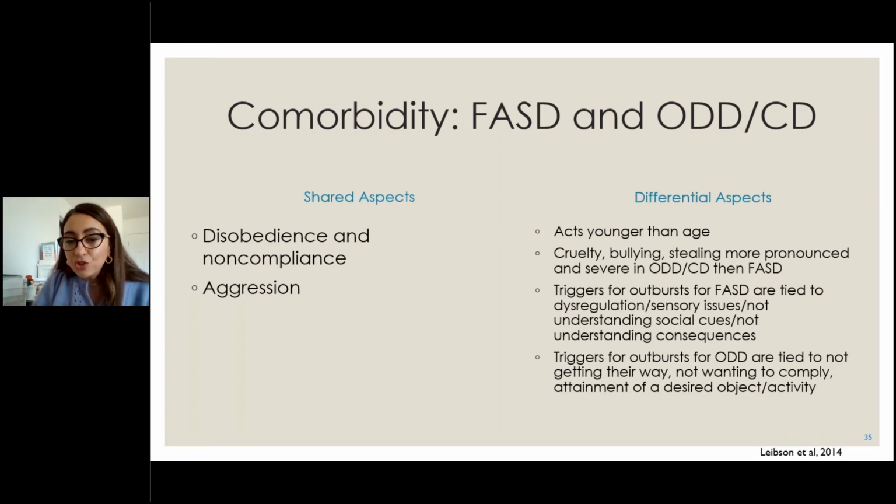On the other hand, the triggers for the outburst for ODD are tied to not getting their way, not wanting to comply, and getting a desired object or an activity. So if you take those away, then we really don't see outbursts for ODD. If you give them what they want, they will not necessarily have an outburst. But that's not true for FASD. Even though we can give them what they want, they will still have an outburst.